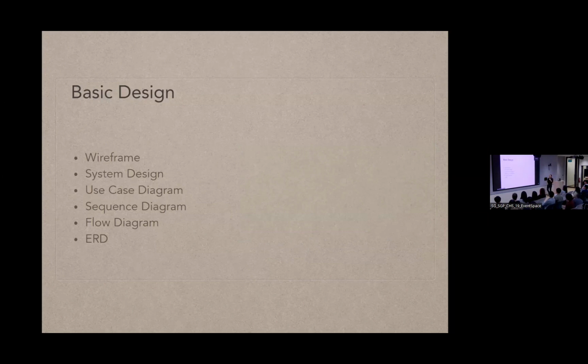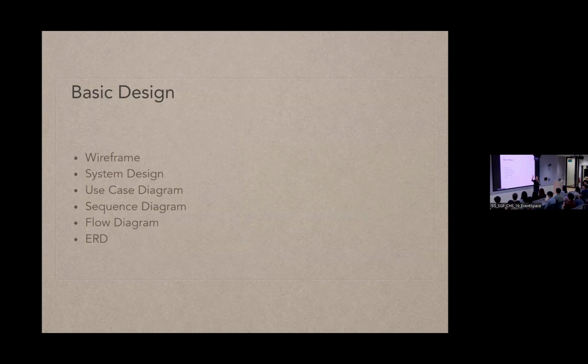Okay, so when it comes to basic design, again, most developers, fresh developers especially, they don't know where to start. Why do we look at all these things? This is what I consider the very basic things to have for a design. We have these 6 items. 5 of them are actually UML design.